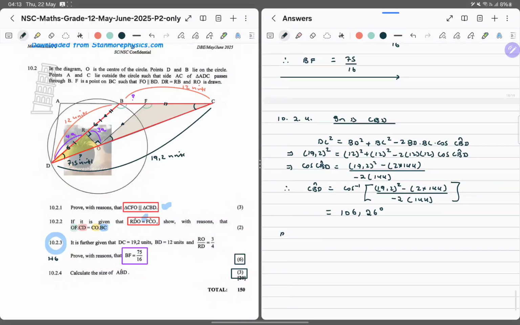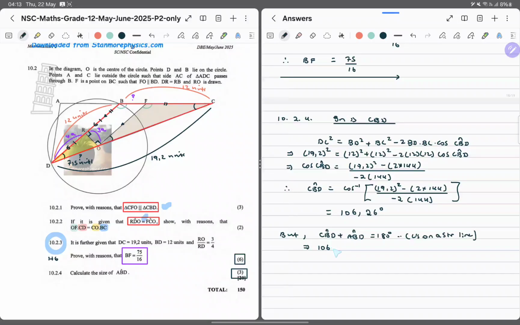We will say, but we understand that this angle CBD plus angle ABD should give us 180 degrees. These are angles on a straight line. Grade 8 concepts, isn't it?